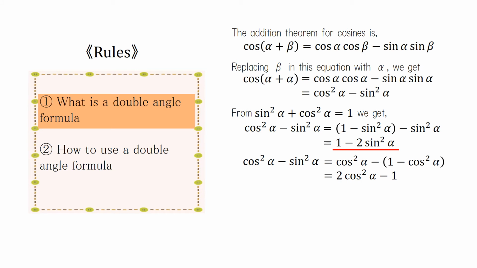We also get cosine squared alpha minus sine squared alpha equals cosine squared alpha minus (1 minus cosine squared alpha) equals 2 cosine squared alpha minus 1. These two are the formulas for the double angle of cosine.